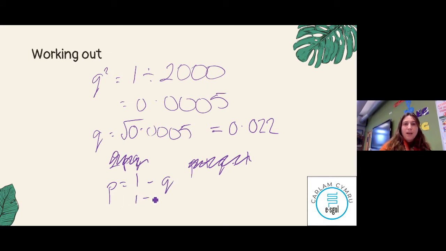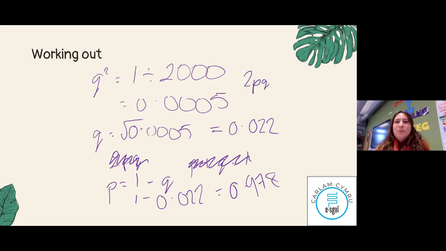So 1 minus 0.022 is going to give 0.978. Now we need to look at 2pq, and I haven't left myself much space here with this pen. So 2pq is 2 times 0.978 times 0.022, which gives us 0.043. We now have 2pq.